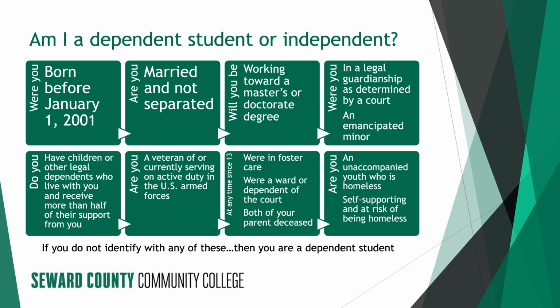Is the student an unaccompanied youth that is homeless? Or is the student self-supporting and at risk of being homeless? If the student cannot answer yes to any of these questions, they must provide parent information.